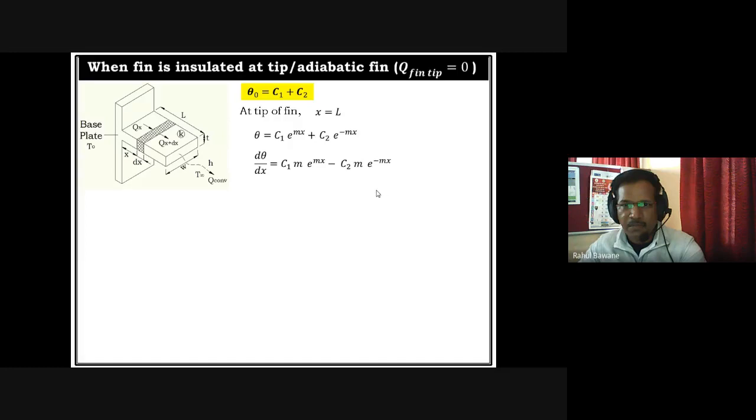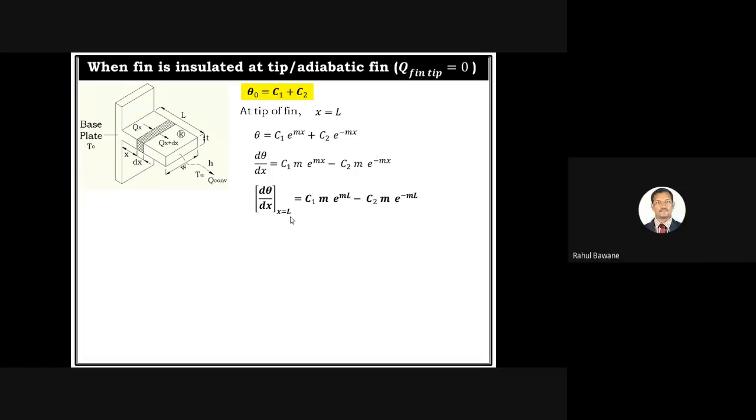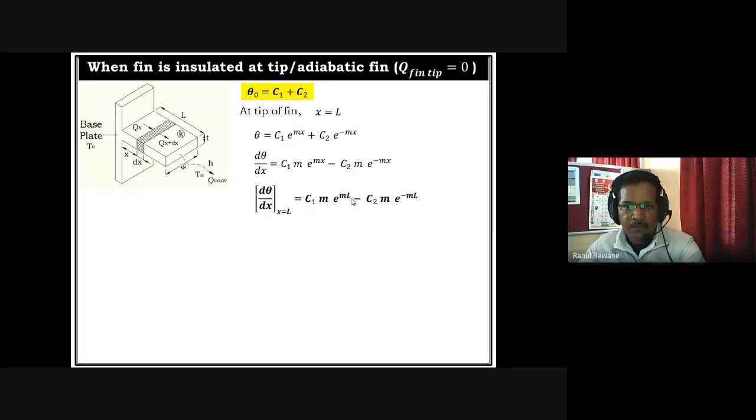These are simple mathematical derivation formulas. Accordingly, we got this relation. And we are talking about the tip of the fin, where x has the value L. So d theta by dx at x equals L becomes C1 m e raised to the power mL, because x is replaced by L, minus C2 m e raised to the power minus mL. So this is the value of d theta by dx at the tip.